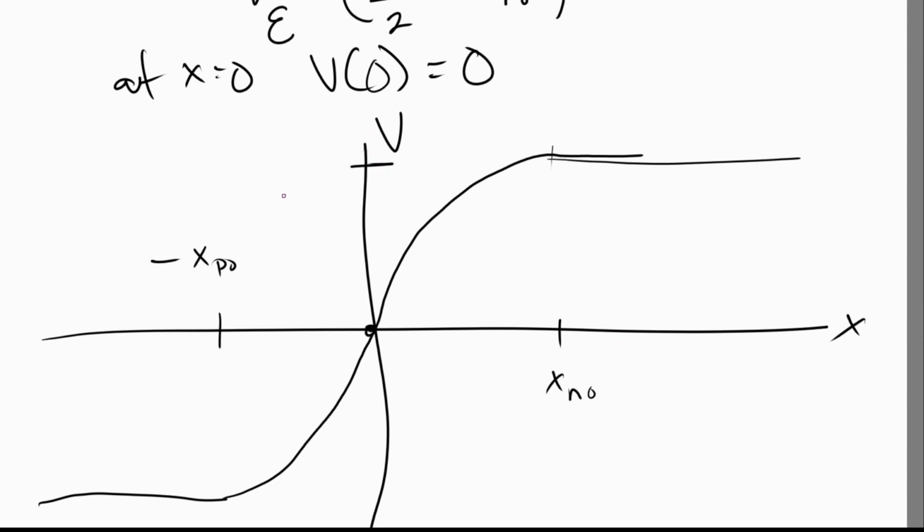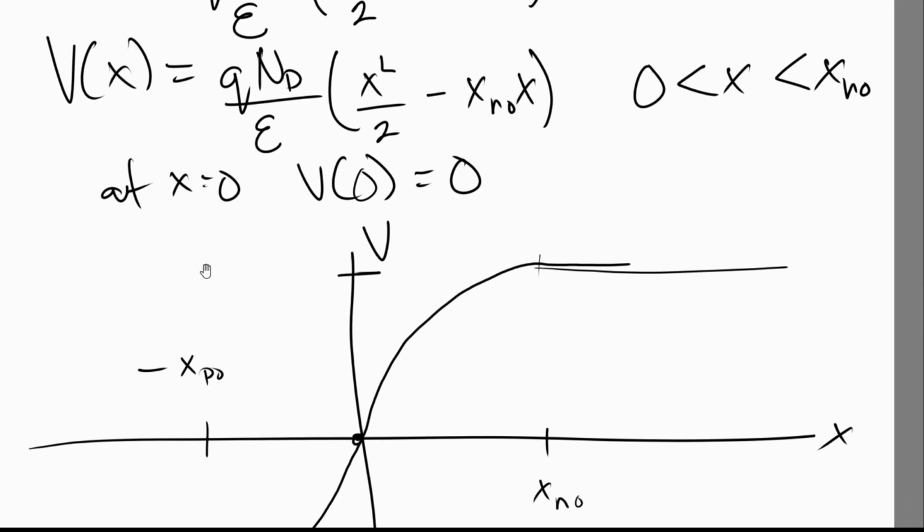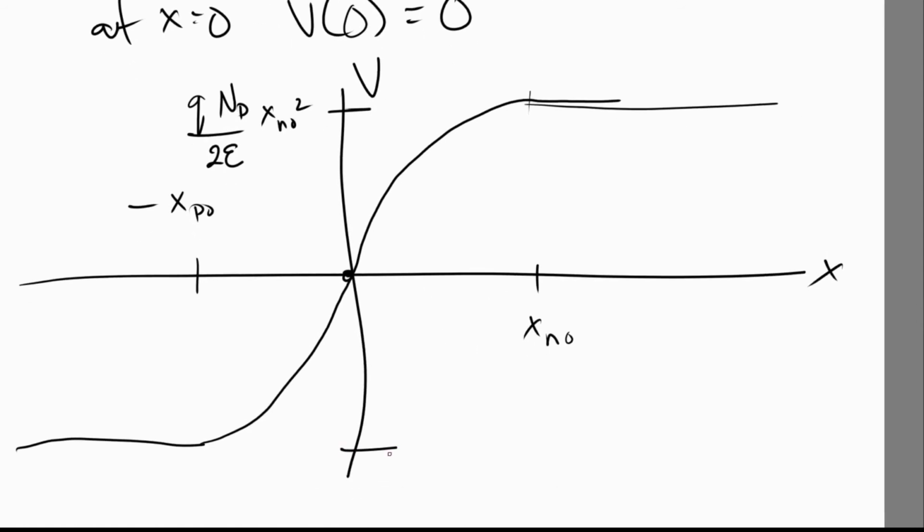And our V, from our expressions here, would be q N_D over 2 epsilon times x n naught squared. Meanwhile, on the other side, this one would be equal to negative q N_A over 2 epsilon times x p naught squared.